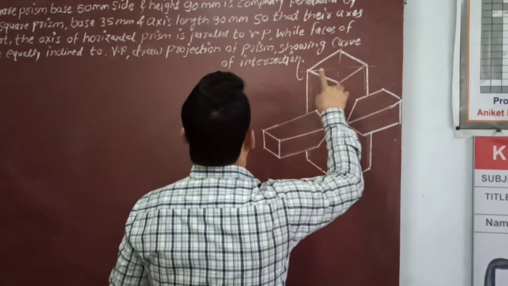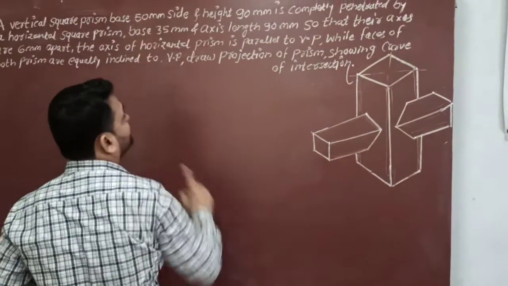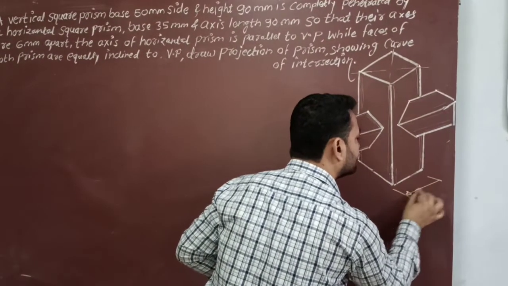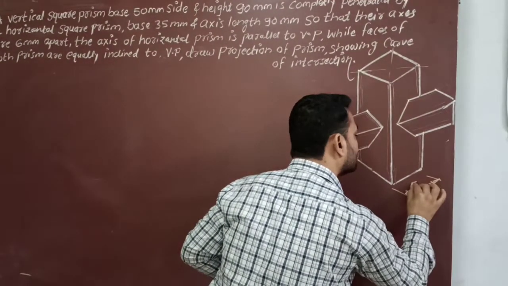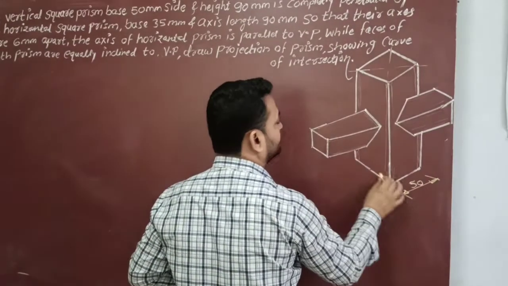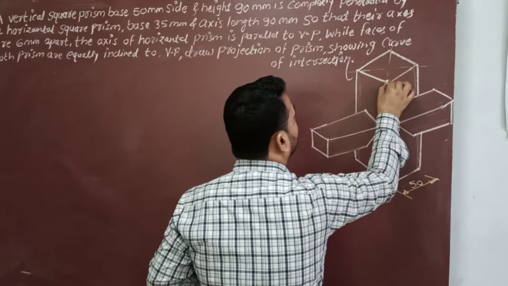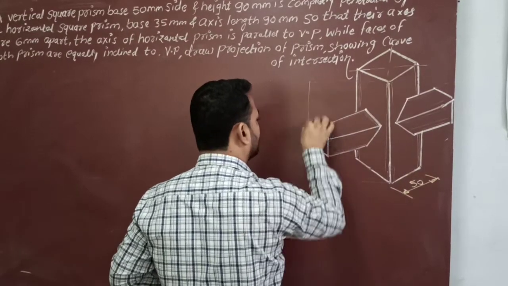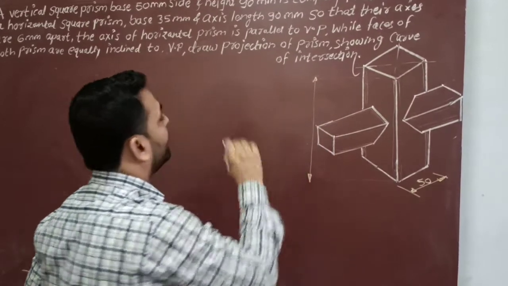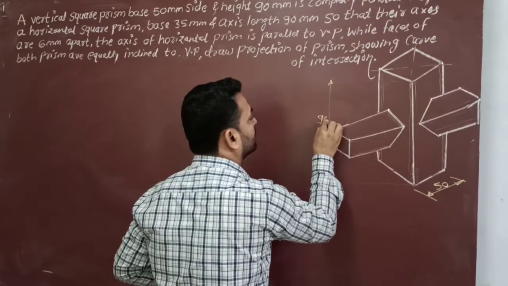For the vertical prism, the side is 50 mm and the height is 90 mm.